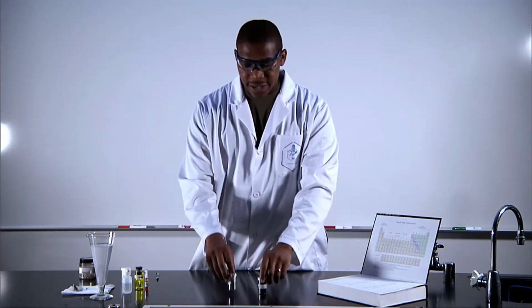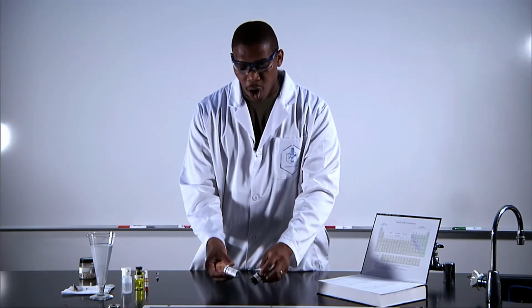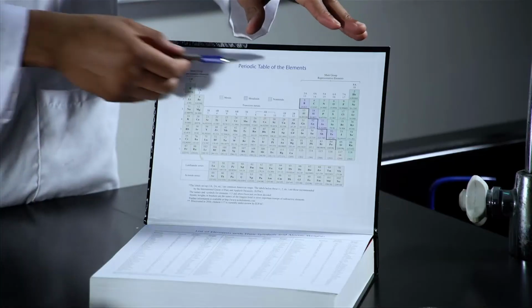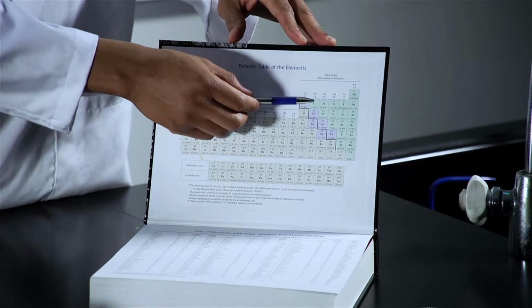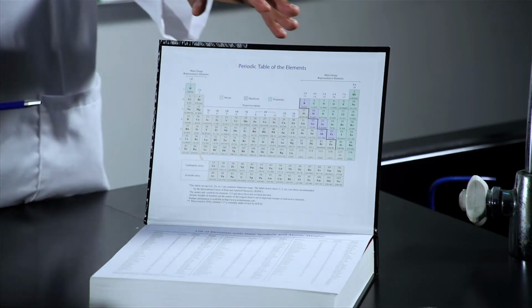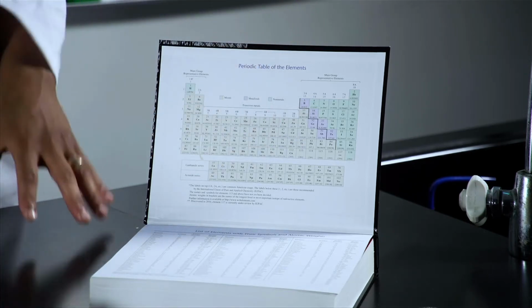So another difference that we're going to actually look at is carbon and silicon. When we look at them in the periodic table, carbon is one row above silicon, but it's along the same column. So we should expect them to have similar characteristics of reactivity. But again, when we talk about physical properties, they're quite different.